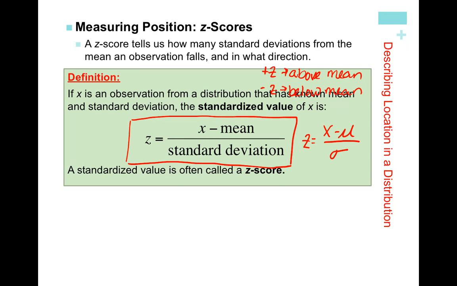Those are newer symbols for us, so I'm going to put them up here. Mu is the population mean. Sigma is the population standard deviation.